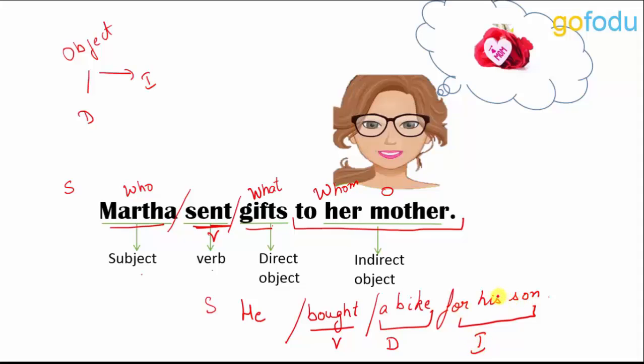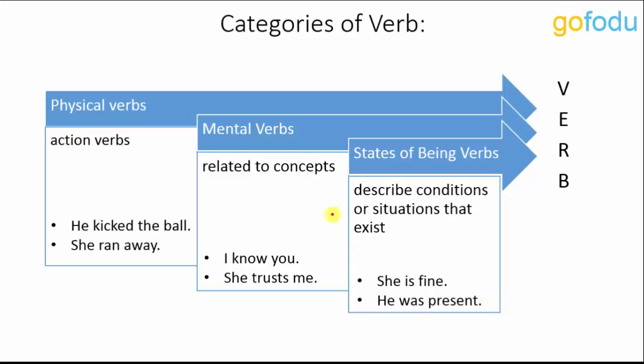I hope it's clear. Now let's see some categories of verb. As we discussed, verbs can be categorized in three parts. First is a physical verb. Physical verb is an action verb. Physical verb describes physical actions. When we create a motion with the body or with a tool or with some object to complete an action, the verb used over here is a physical verb.